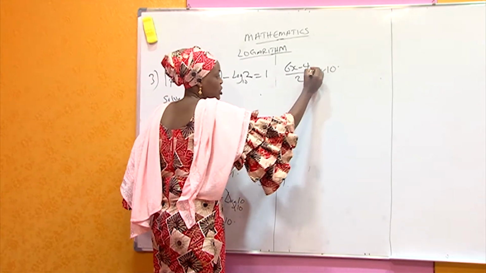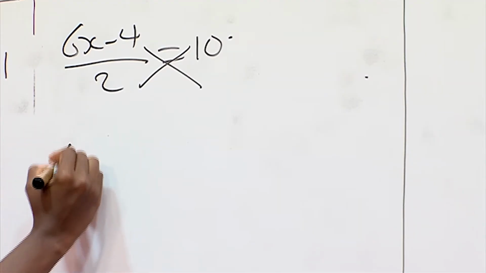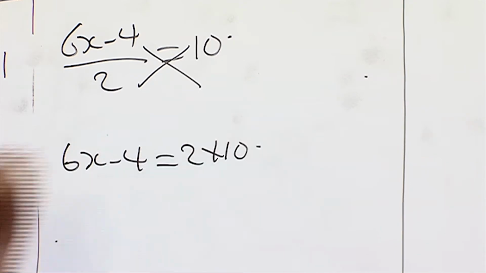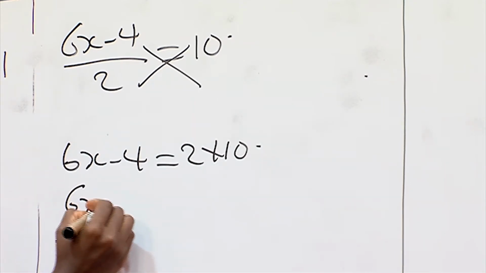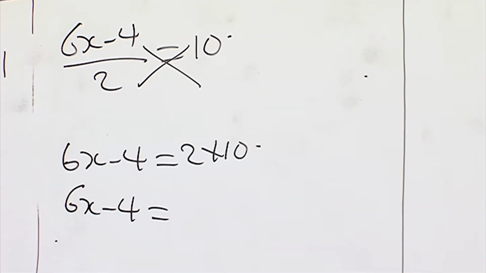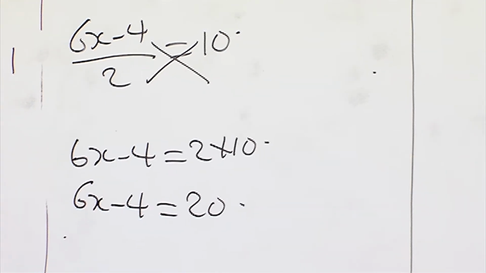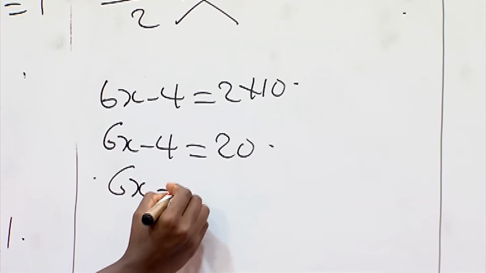You know how to cross multiply. We have 6x minus 4 equals 2 times 10. 2 times 10 will give you what? 20. Now collecting like terms, we have 6x equals 20.